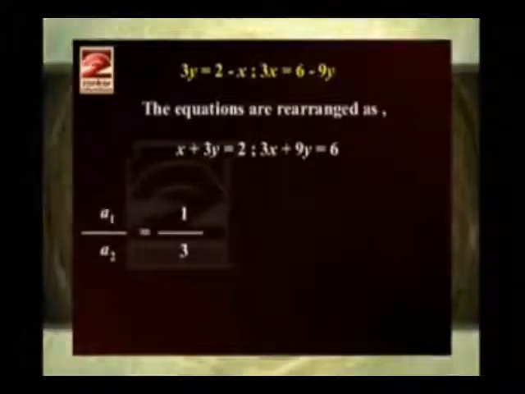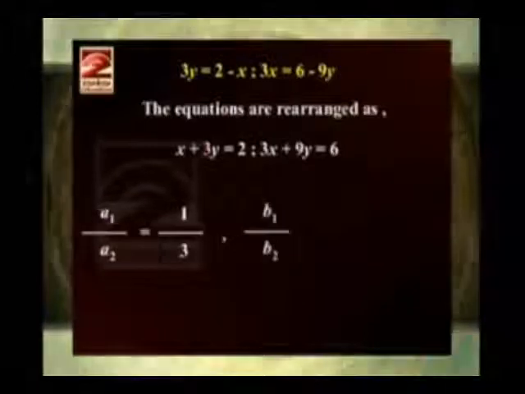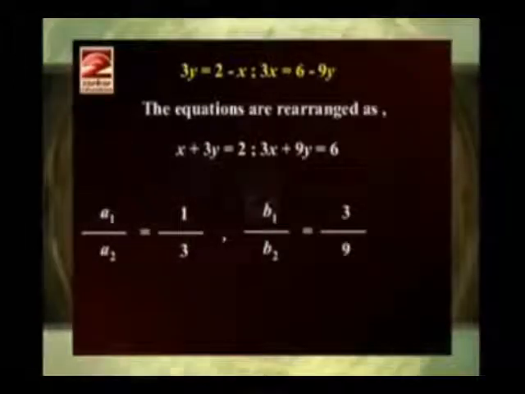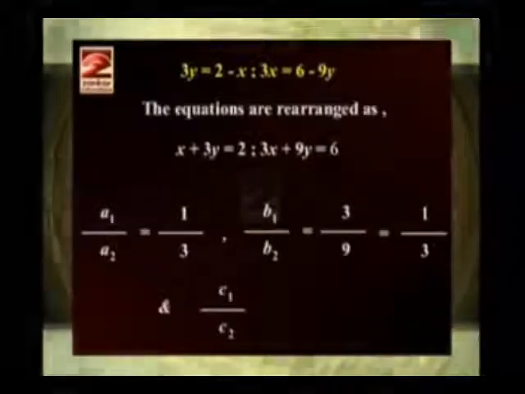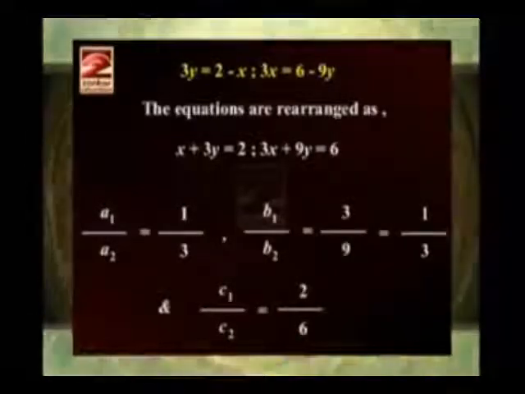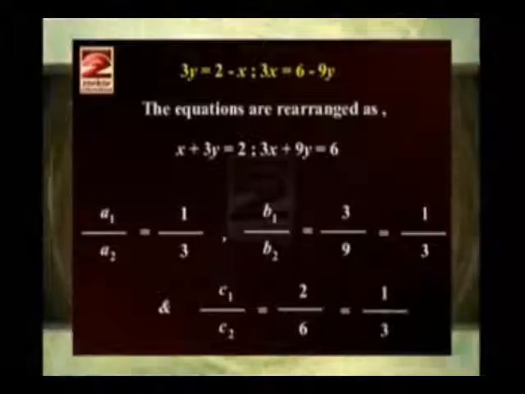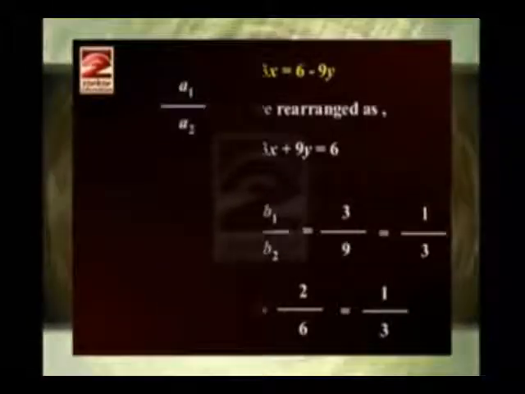Here a1 upon a2 is equal to 1 upon 3, b1 upon b2 is equal to 3 upon 9 is equal to 1 upon 3, and c1 upon c2 is equal to 2 upon 6 is equal to 1 upon 3. That means a1 upon a2 is equal to b1 upon b2 is equal to c1 upon c2. So there are infinitely many solutions.